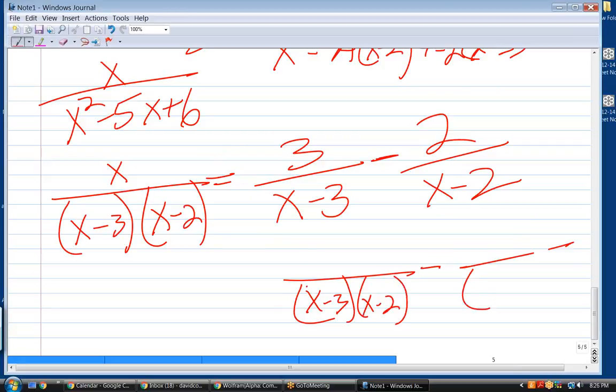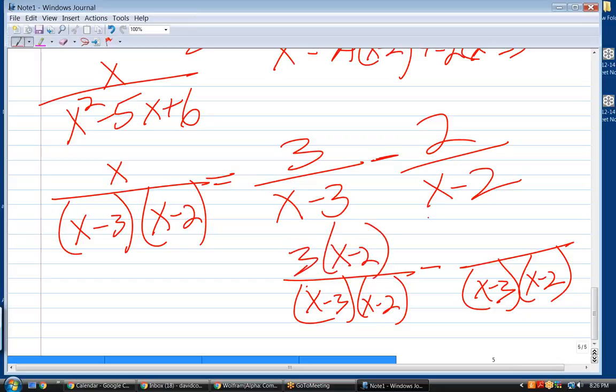What goes here must be 3 times x minus 2, right? Correct. 3 times x minus 2. What goes over here must be 2 times x minus 3. So far, so good? Mm-hmm.